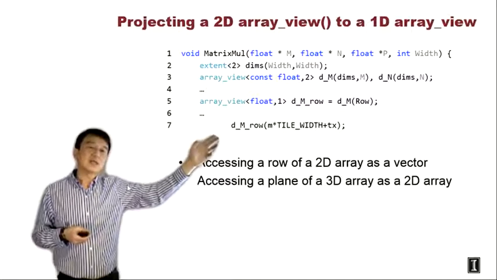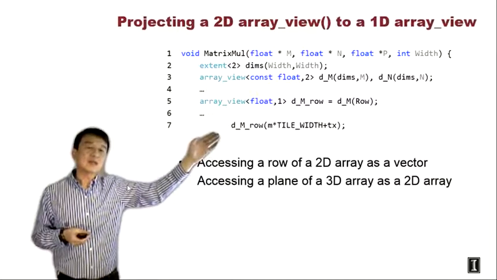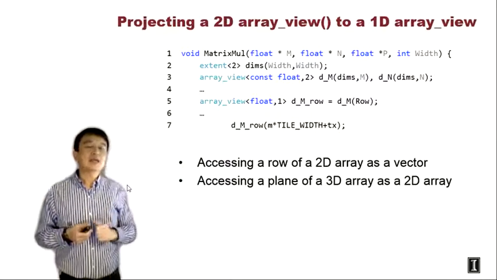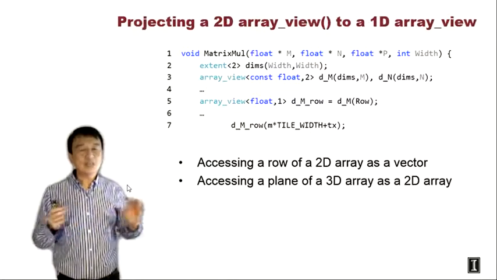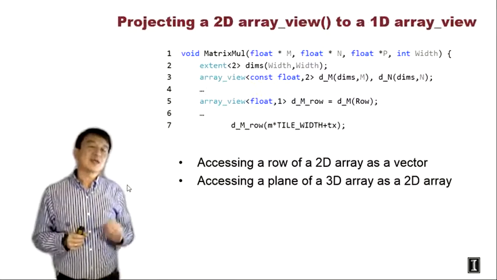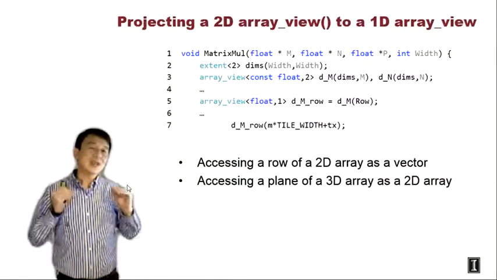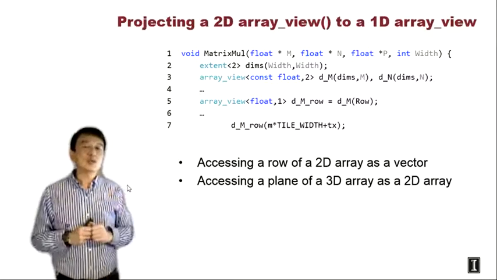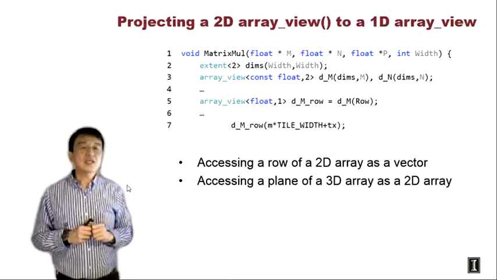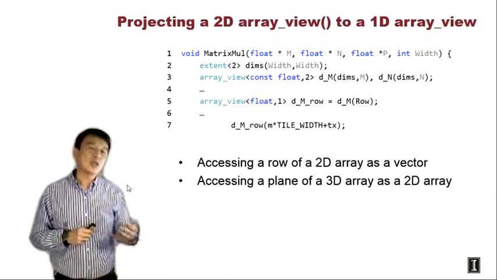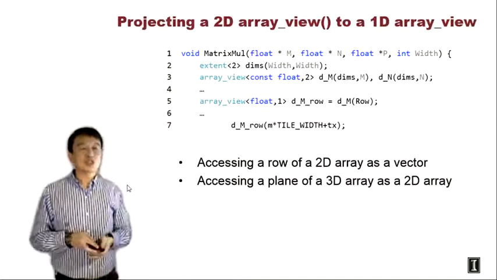And then in the parallel for each construct, we can just go ahead and access d_m_row with the x dimension index. So this is really equivalent to the previous code, but we're now using a row view of a two-dimensional array. So we can easily access a plane of a three-dimensional array as a two-dimensional array using this kind of projection.